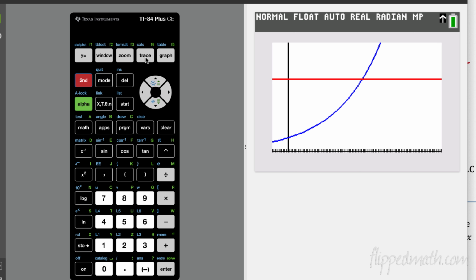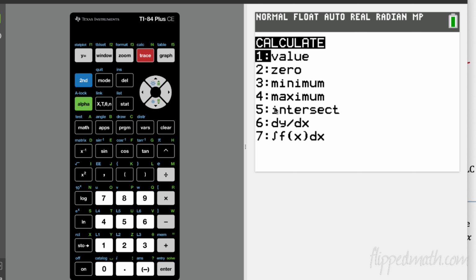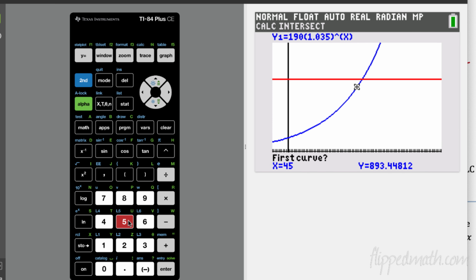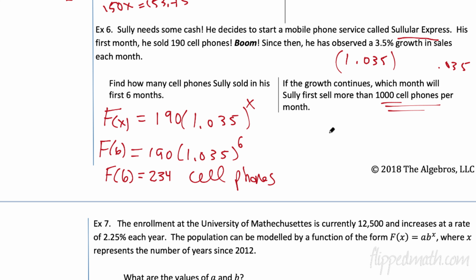So second, calculate. We want to calculate the intersect, so we choose choice 5. We have to enter 3 times, and it tells us 48.27, so that is about 48.3. How many months is that? I'm a math teacher and I don't know how to say that.